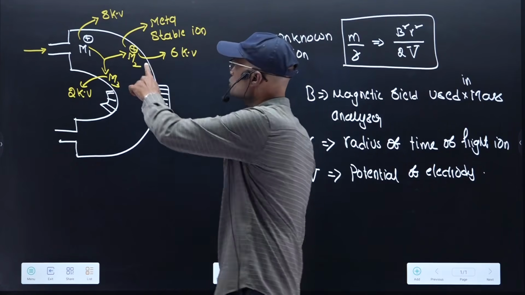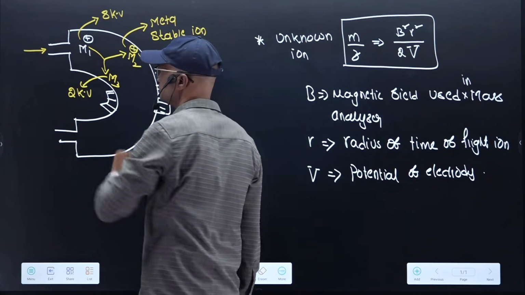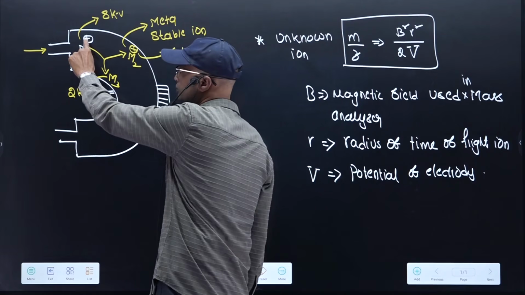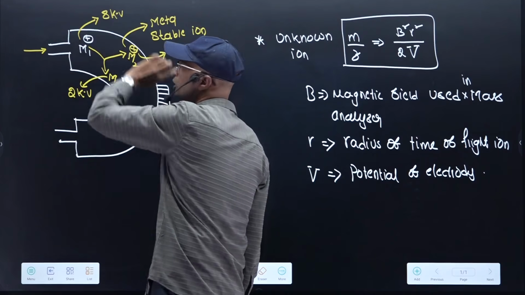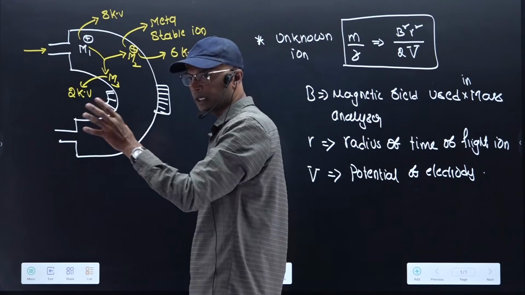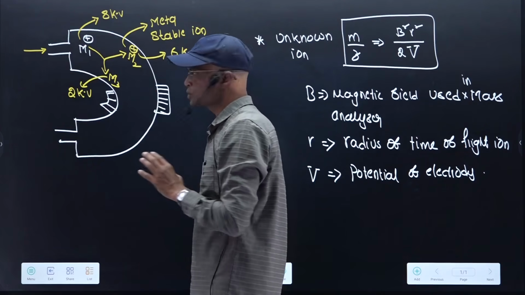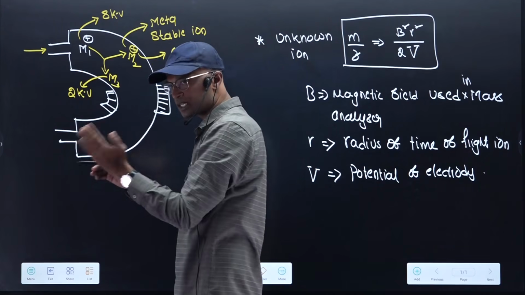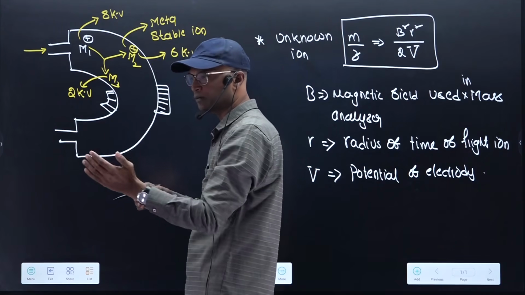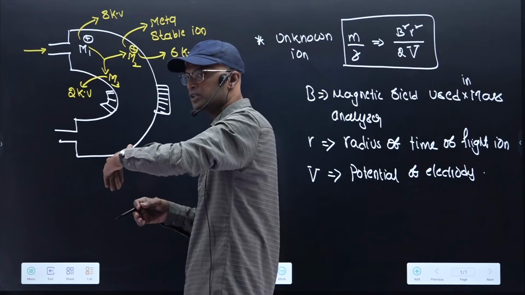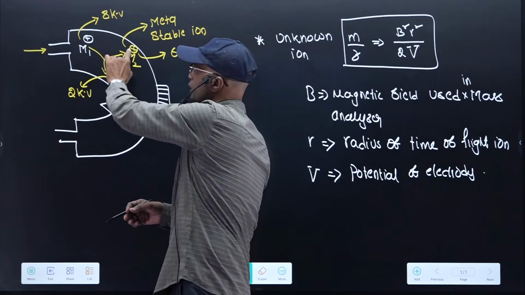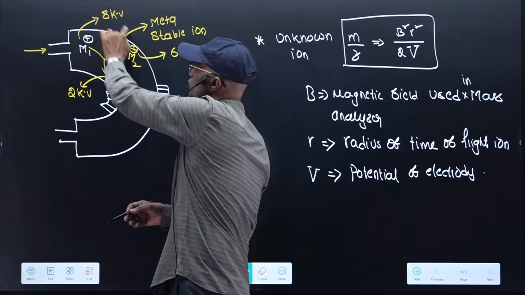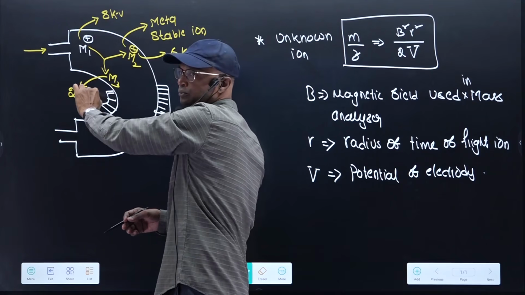Suppose M1 plus is generated in the ionic chamber. This M1 plus is accelerated by 8 kilovolts of energy by the potential of the electrodes, so it travels. Whenever it is traveling in the first field free region and undergoes further fragmentation, the energy will be distributed between these two.